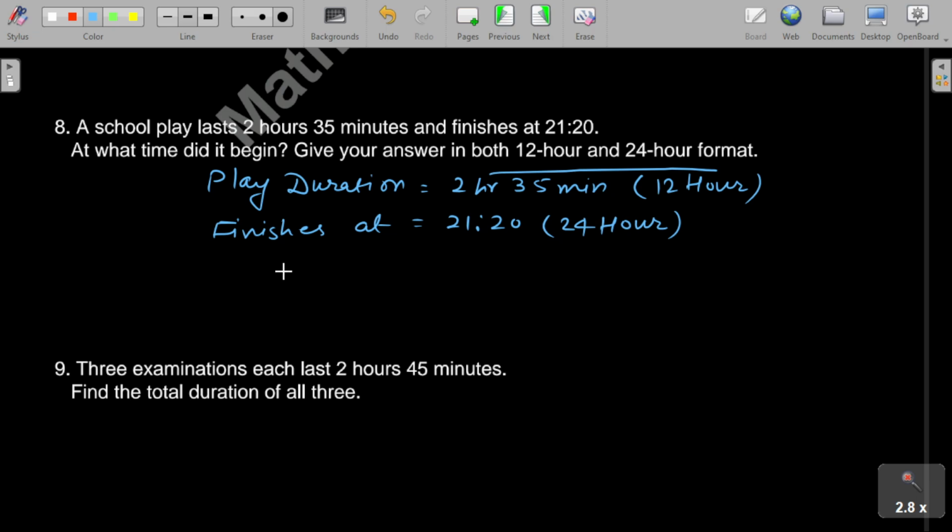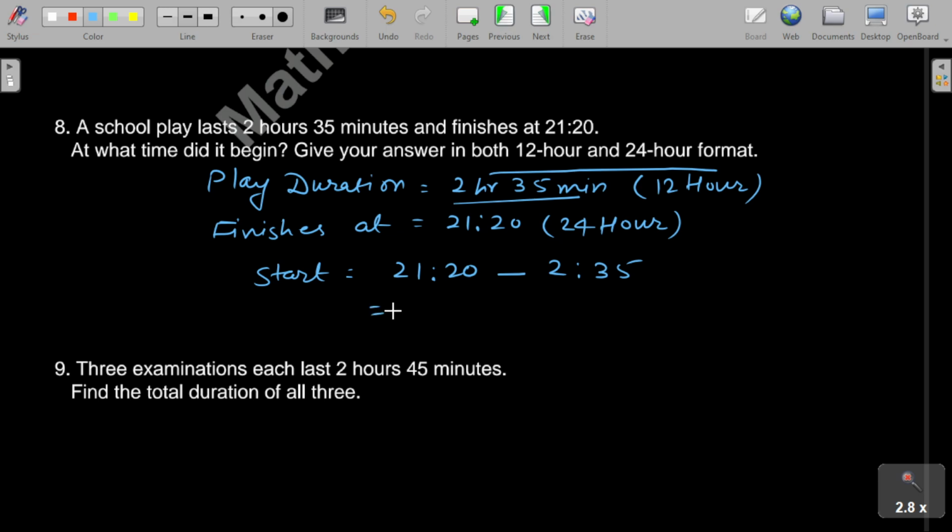So the play finishes at 21 hours and 20 minutes, and the total play duration is 2 hours 35 minutes. So we have to subtract 2 hours 35 minutes.